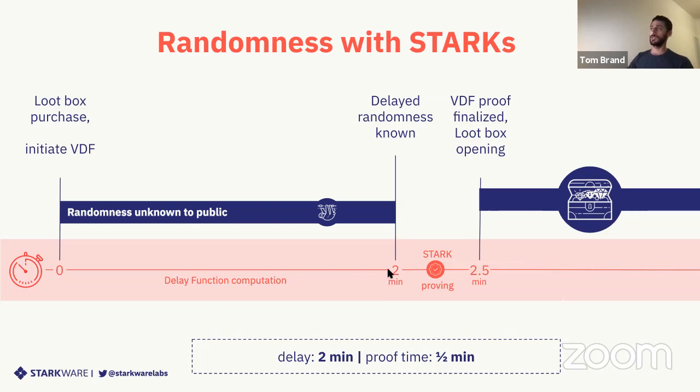Once we generated the output of the delay function, we now need to generate the proof, so users on Ethereum will be able to verify that this is indeed the randomness. This, let's say, takes about half a minute. And then once I have the randomness and the proof, I can use it to open the loot box, knowing that the randomness I used was unbiased, or secure.